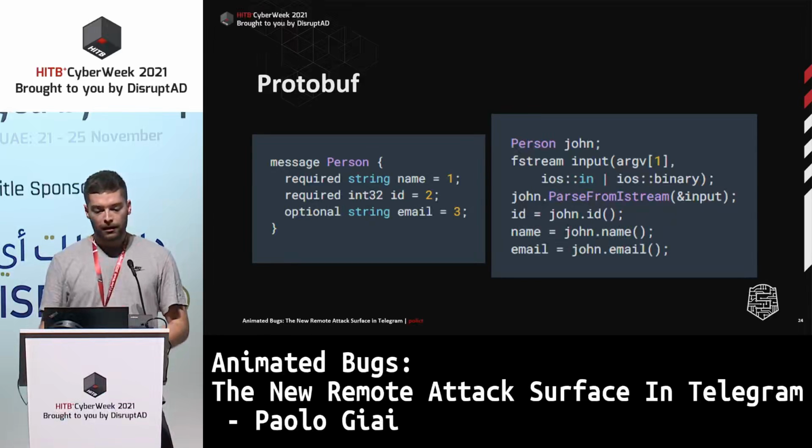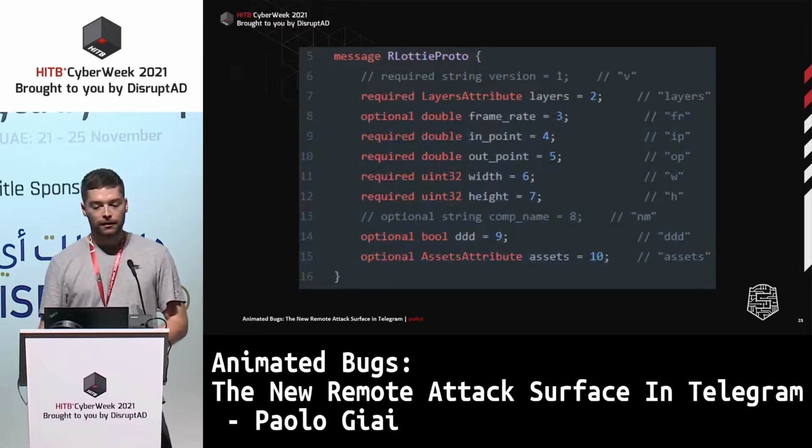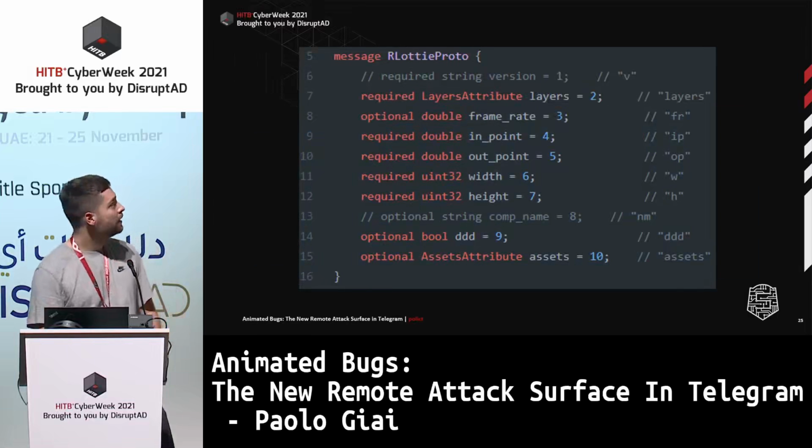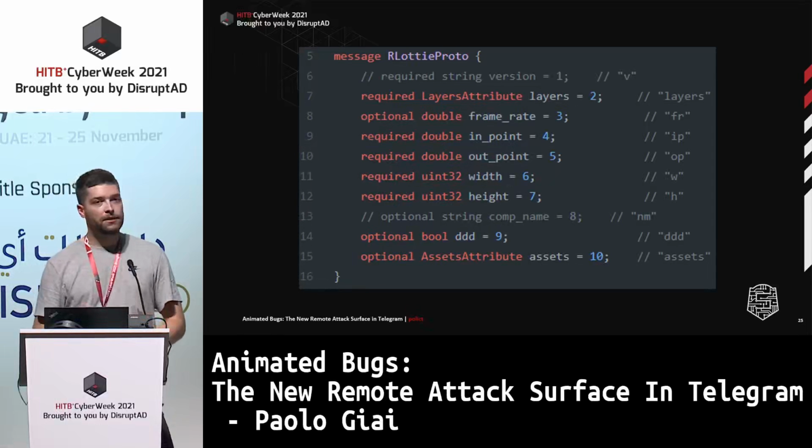How can we implement this in a fuzzer? Basically, first, as I mentioned, we need to define a grammar. So all I've done is writing the RLottie protobuf. I chose to write the specific RLottie specification and not the Lottie animation specification, because they have some differences, since I was targeting the RLottie library and not each and every Lottie parser.